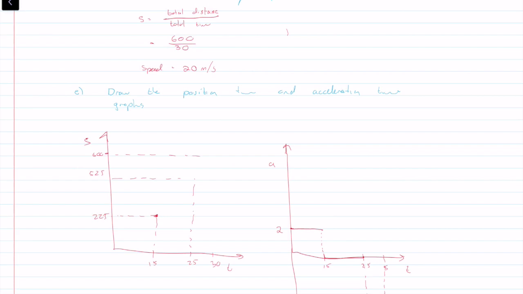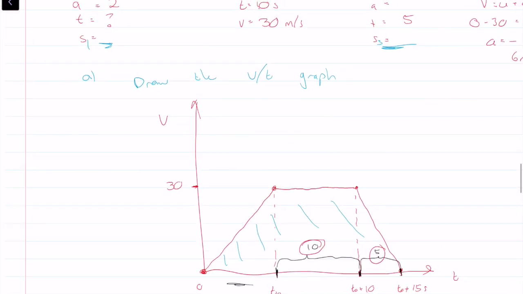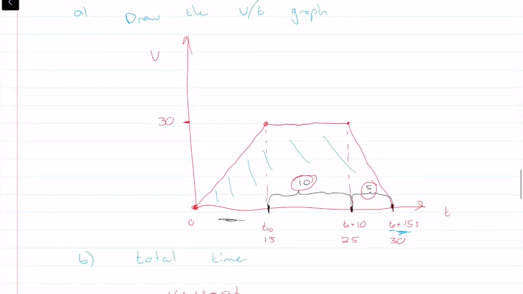Now once we have the points, we just need to decide how we are joining them. In the first part we have acceleration, it's speeding up. Our area starts out small, so the gradient is small, and ends up really big, so we're going from a small to a big gradient.